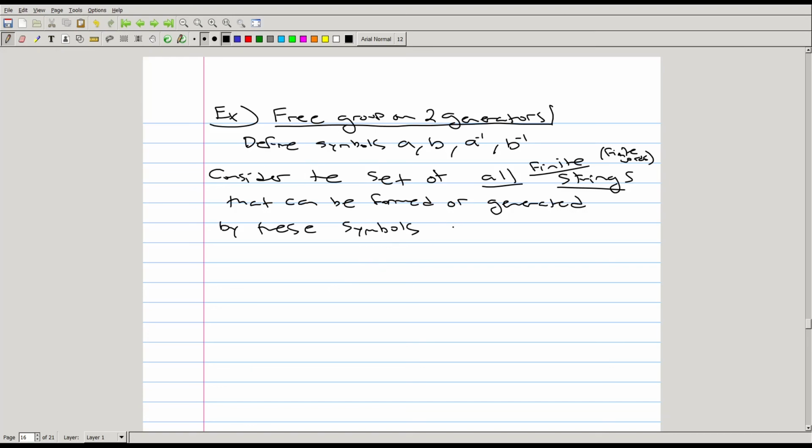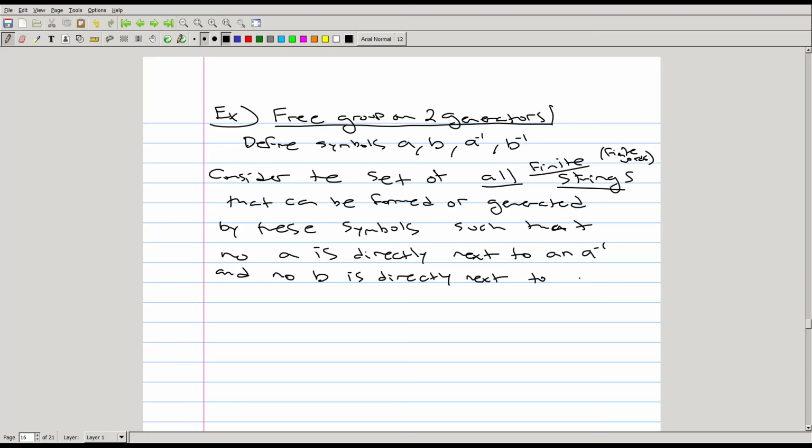Such that no A is directly next to an A with a -1 next to it, and no B is directly next to a B with a -1 next to it.